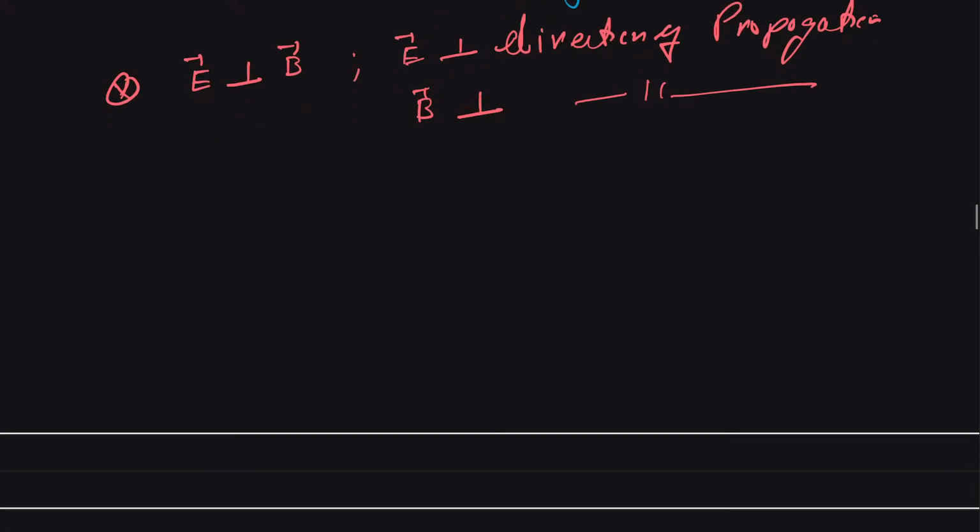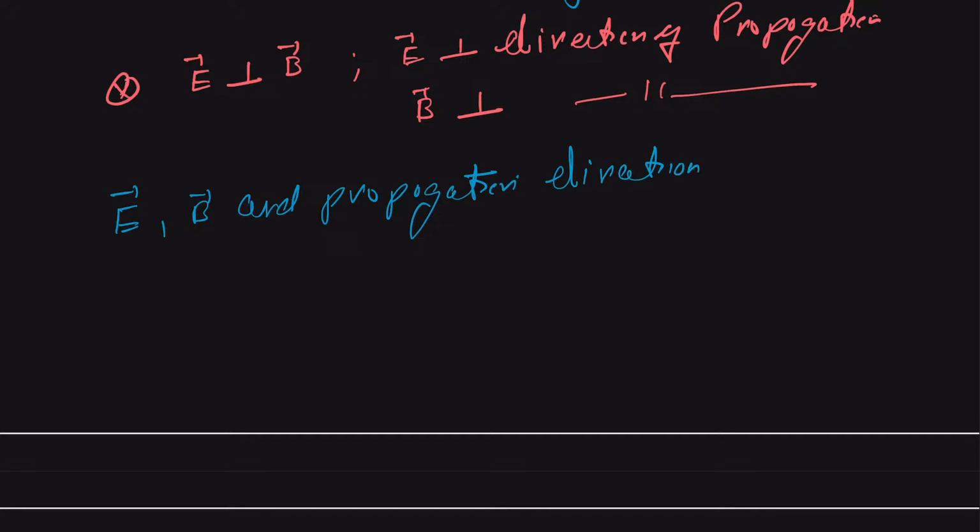So we have to remember that our electric field, magnetic field and propagation direction form a right-handed system.